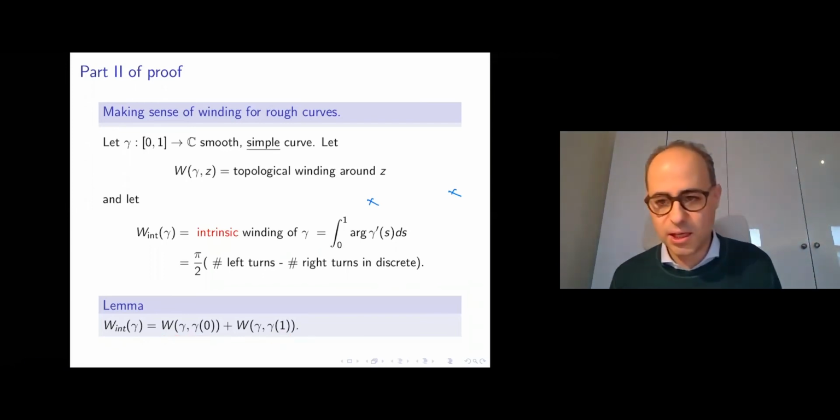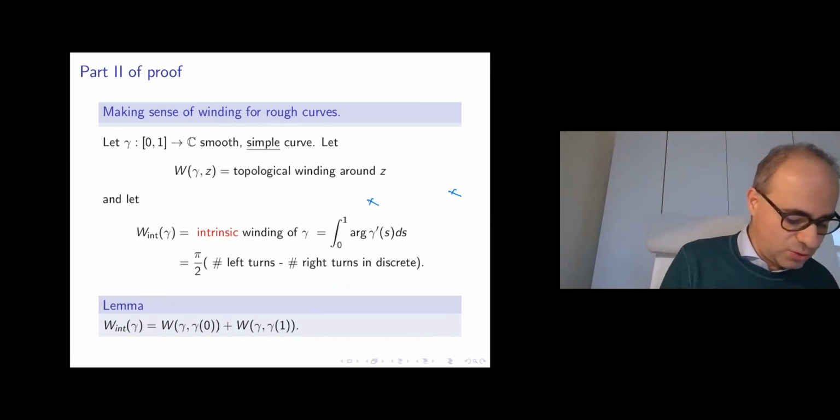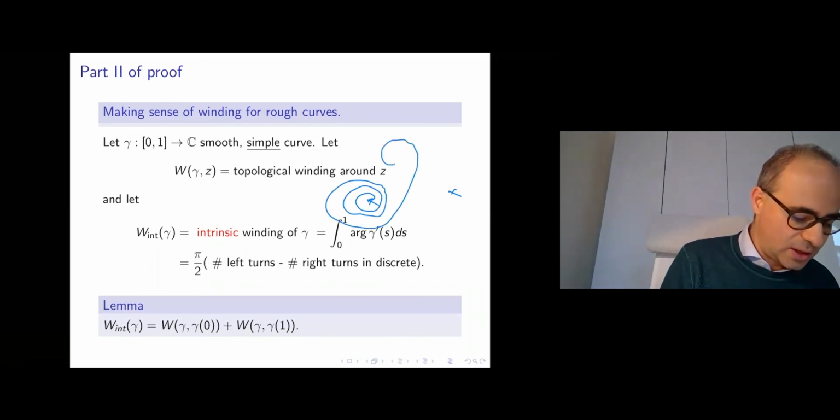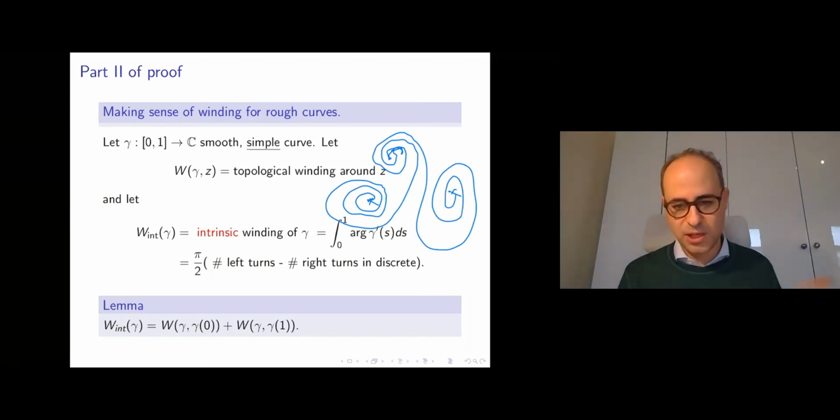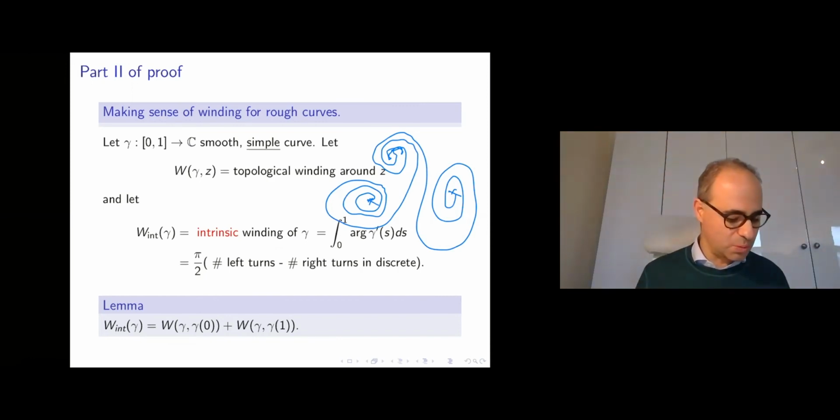Basically, the only winding you can do is some winding around the origin. If you try to wind in the middle, then because the path is simple, you're going to have to unwind. So the only non-trivial thing happens either at the beginning or at the end. The total winding accumulated by the path ends up being equal to the sum of the topological windings around the start and the end point. That's the only non-trivial winding that you can do for a smooth path.